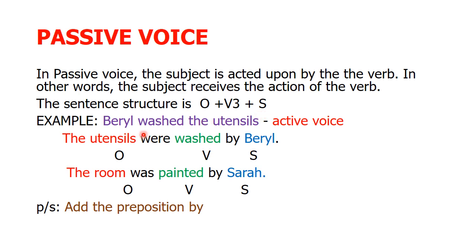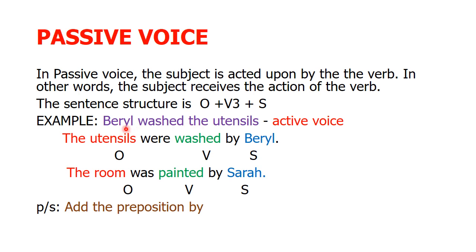Example, Beryl washed the utensils. This sentence is in the active voice. Now, for you to change the sentence from active voice to passive voice, you have to consider three things. First, you have to identify the subject and the object of the sentence.